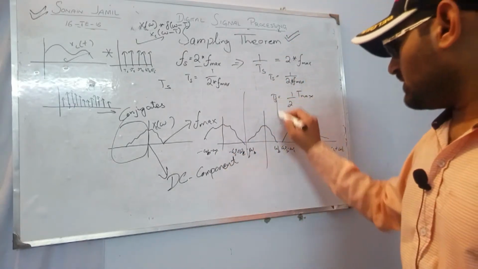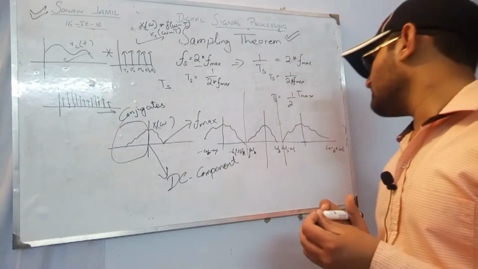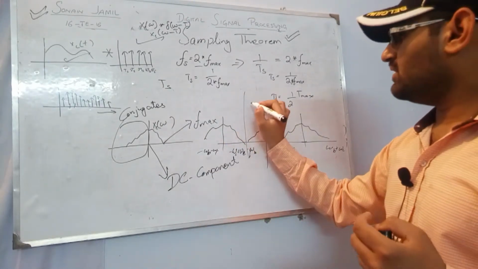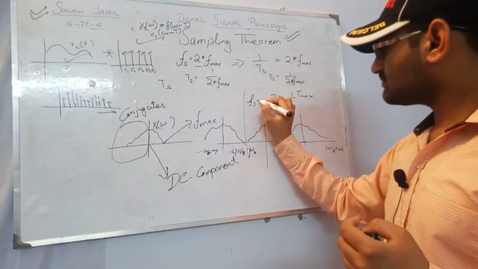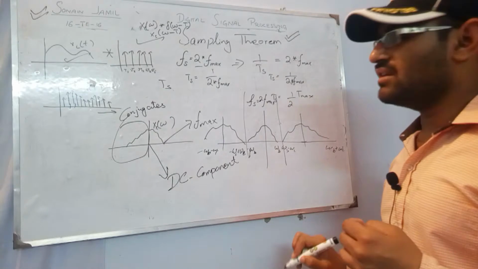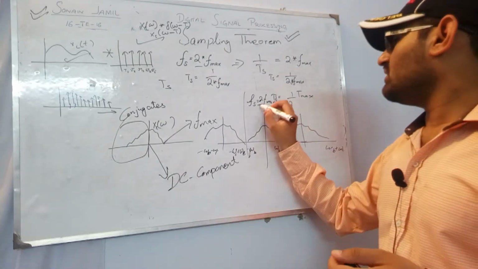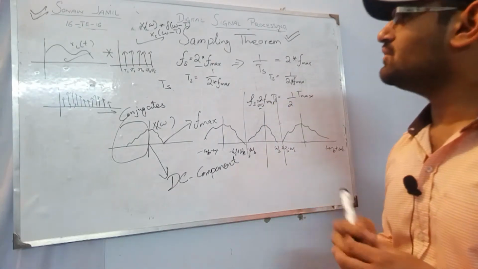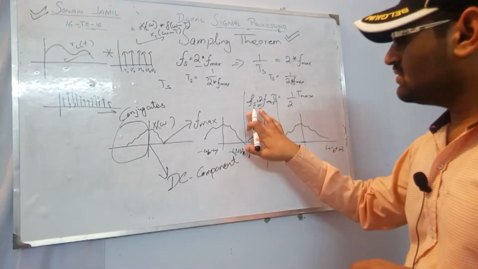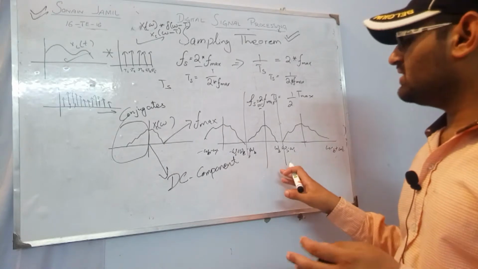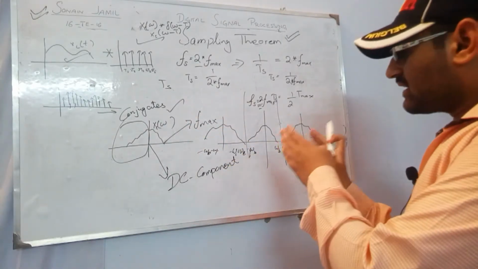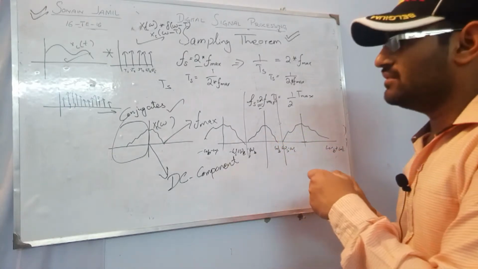If we sample the signal at the Nyquist rate, it is called the Nyquist rate, and the theorem is also known as the Nyquist theorem, and we apply a low pass filter at this one, the original signal, which was this one, can easily be recovered.